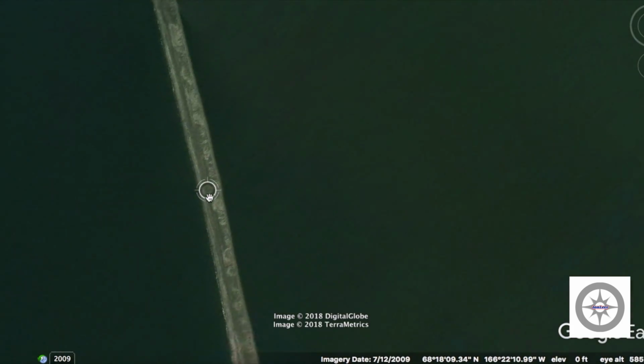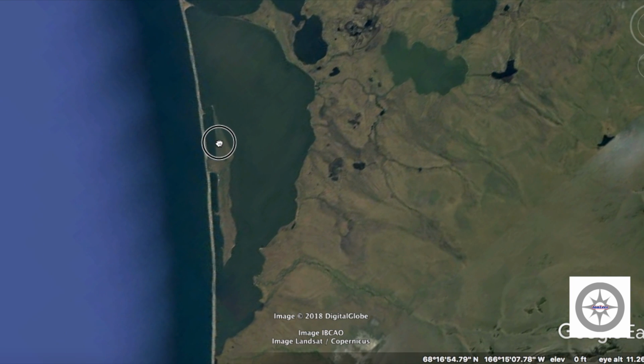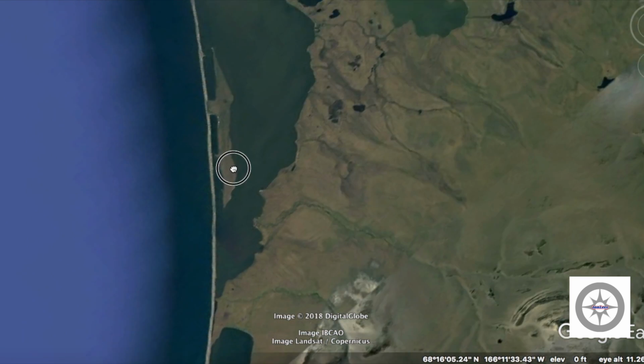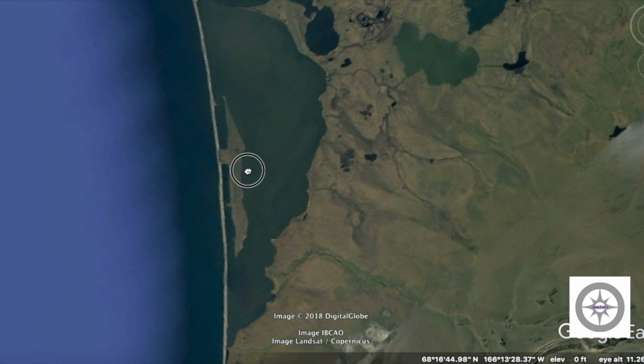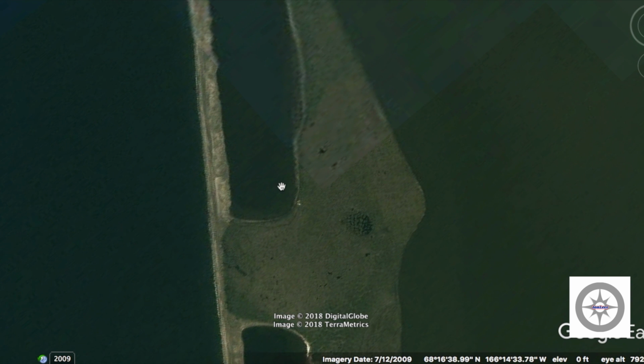Again, this is the northern tip of America, the northern tip of Alaska. Now again, that's why I wanted to show you one in California, because if there's a city next to it, we could say that's justifiable.